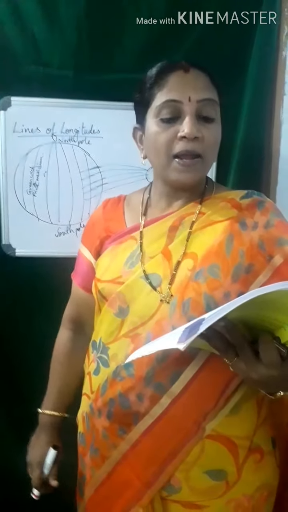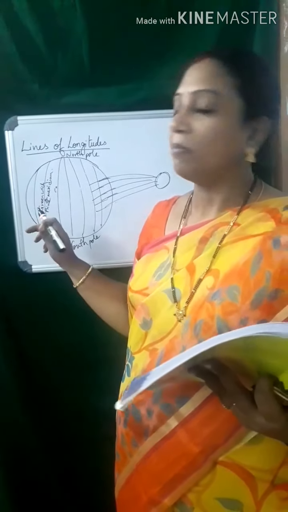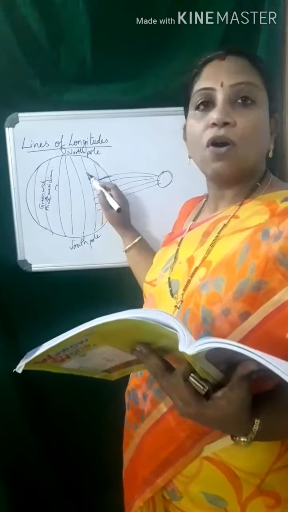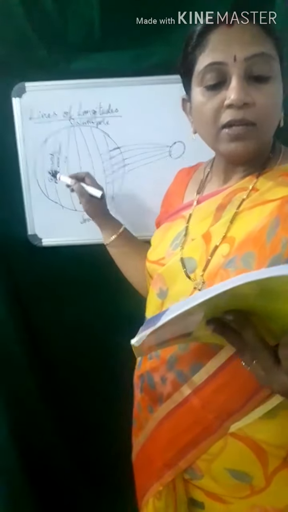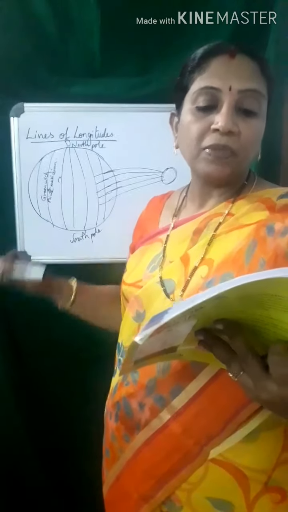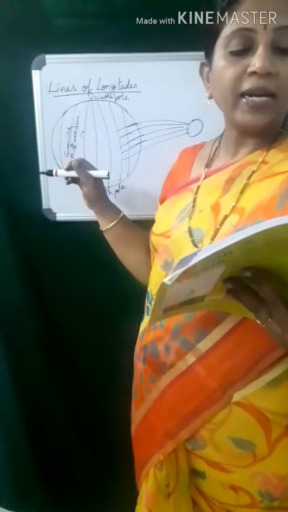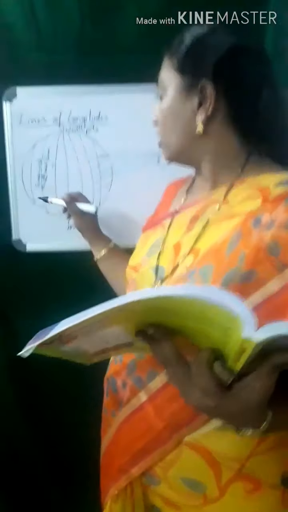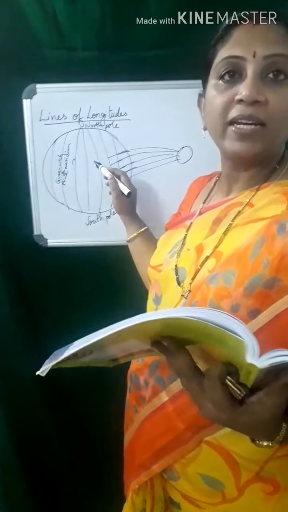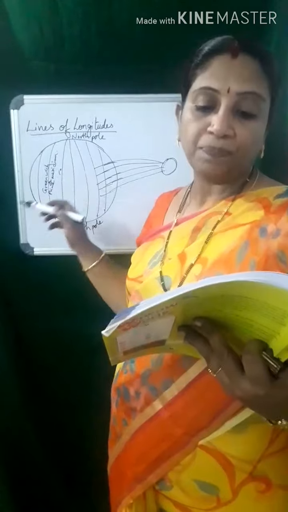All places that lie on a meridian have the same time. When the rays fall on this meridian, the time will be the same. The time when the sun is directly over a meridian is midday or noon at that meridian. So when it is falling directly on the meridian, it is midday or noon.